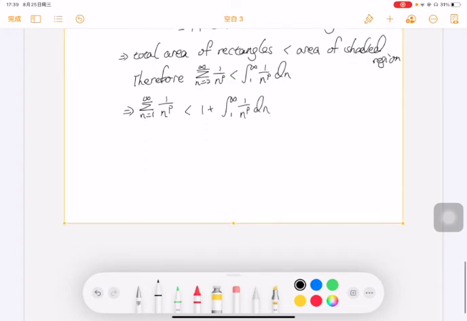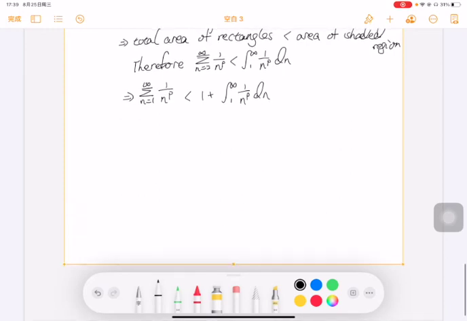Now this is going to help us prove the first part because 1 over n to the p is integrable on the interval from 1 to infinity when p is larger than 1.